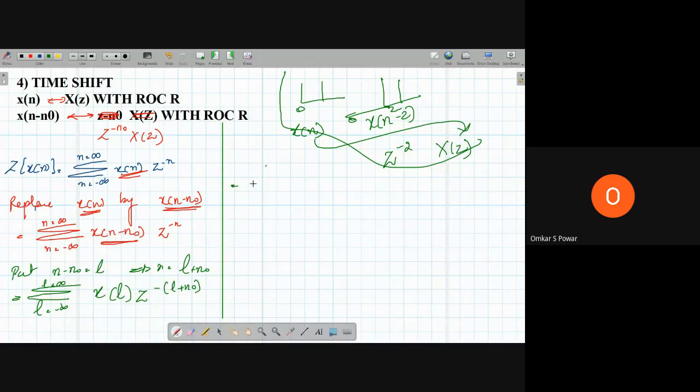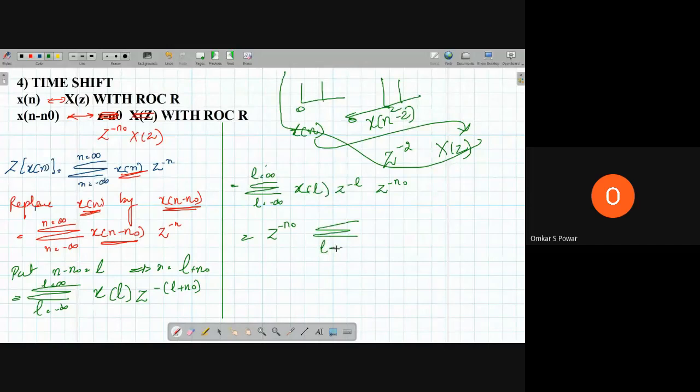You can write this as summation L varies from minus infinity to infinity x of L z to the power of minus L into z to the power of minus n naught. Now I will bring z to the power of minus n naught outside. What will be inside?